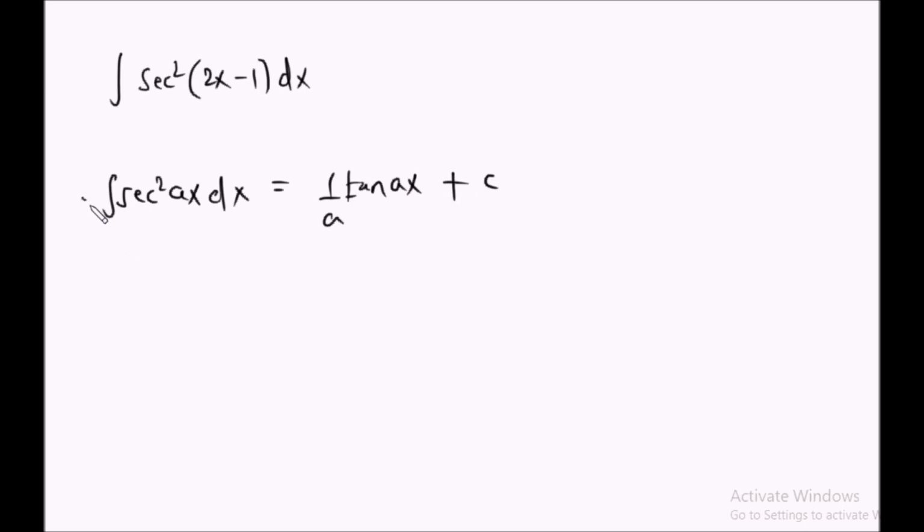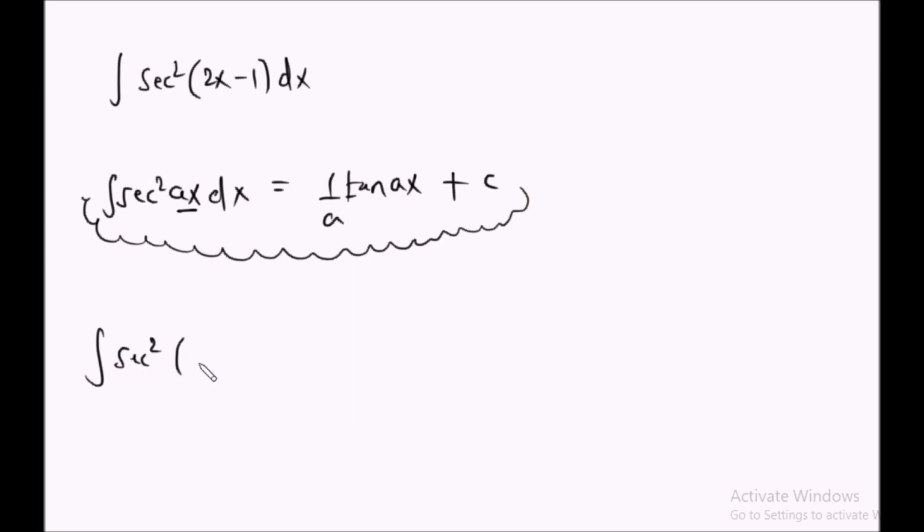So hii kama ulinisikiliza vizuri nilisema sio tu ukiwa na ax, lakini hata hii nikaita multiple of x, lakini hata ukiwa na a linear function ax plus b, okay? So formula ni ile ile, itakuwa ni 1 over a tan of ax plus b jumlisha c.